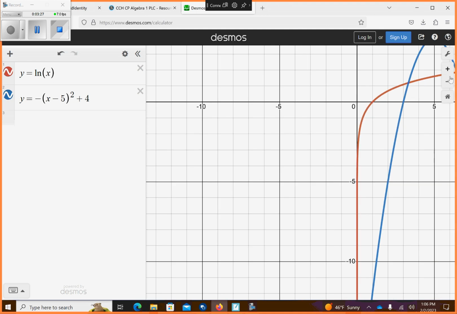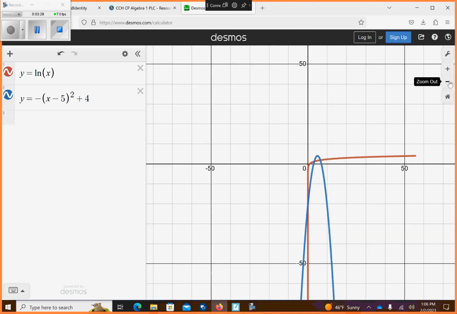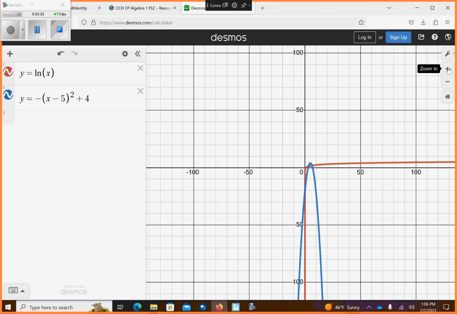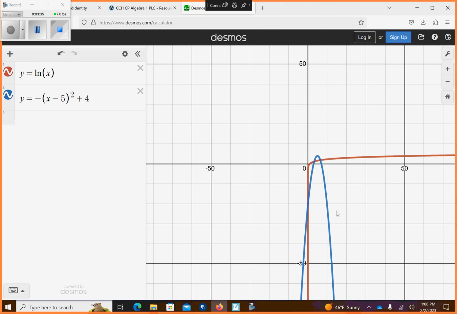You could get kind of goofy on it and say, are they crossing each other? And as you look down here further, you'll see that they are. So I have this intersection, I have this intersection, and I also have this intersection. So that answer actually has 3 solutions to it.